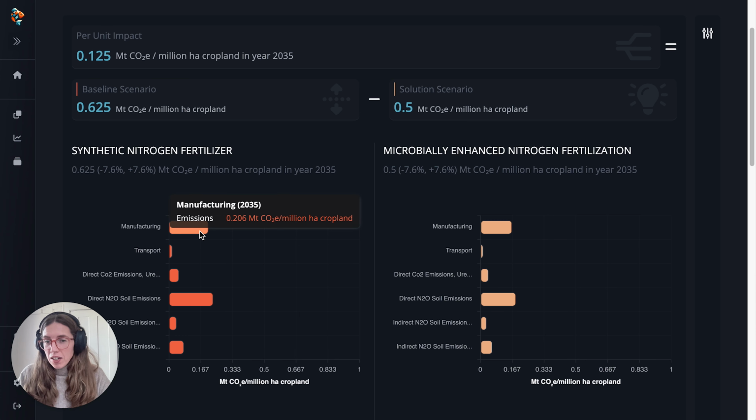This bar here that I'm now hovering over is direct N2O soil emissions. When you apply nitrogen fertilizers, some of that nitrogen actually gets converted to N2O and released back to the atmosphere, and N2O is a strong greenhouse gas. So you get this chunk of GHG emissions from those N2O emissions during application.